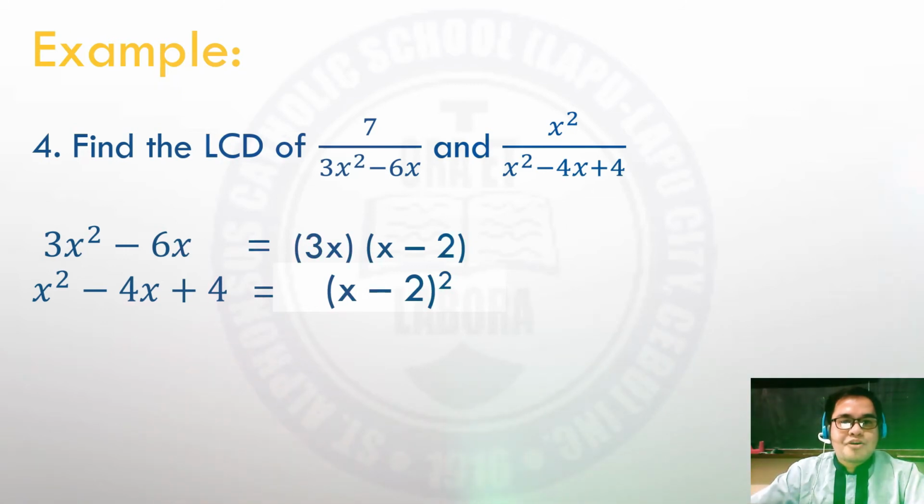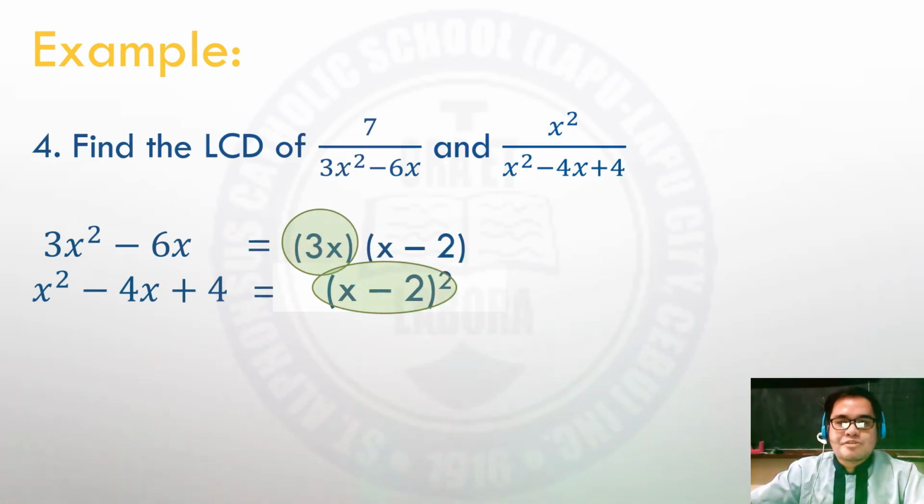As you can see, there are factors which are common in the list, the x minus 2 squared and x minus 2. But we have to choose x minus 2 squared because this has the highest exponent. We choose also 3x because we will consider all different factors aside from x minus 2.